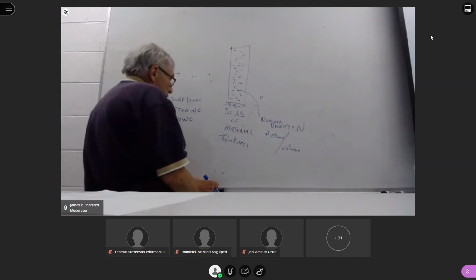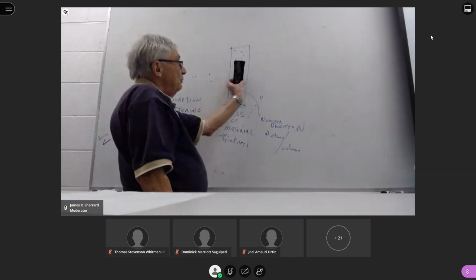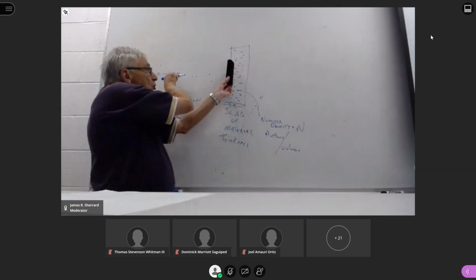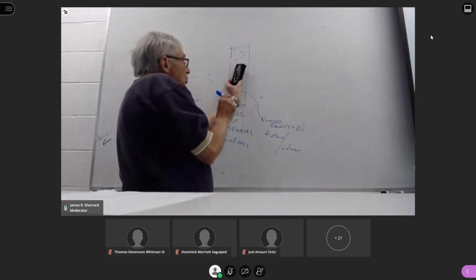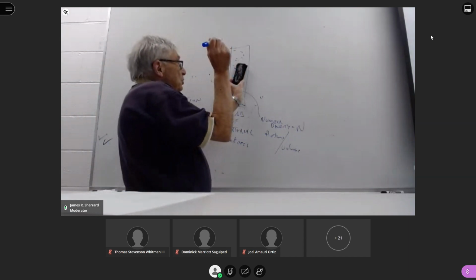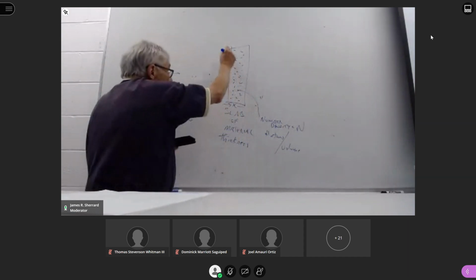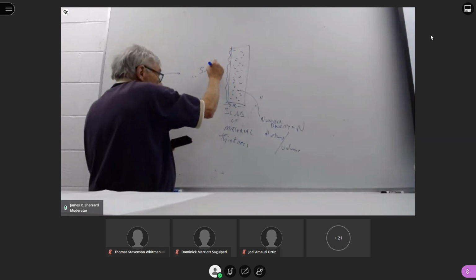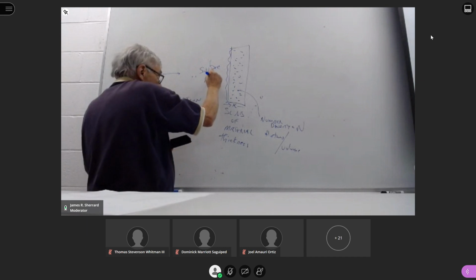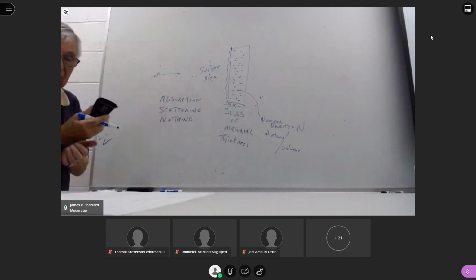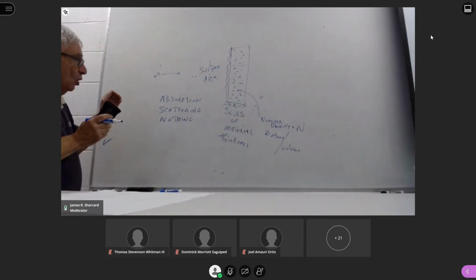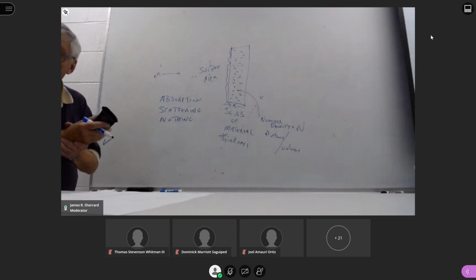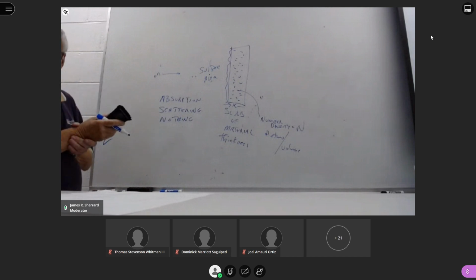And then also, if we turn this sideways, so the neutron is striking it this way, this would be the surface area. And that might also have an impact on what type of interaction we have and how many interactions we might have.